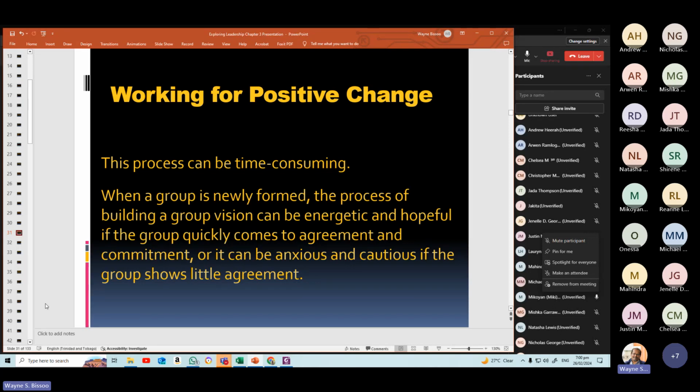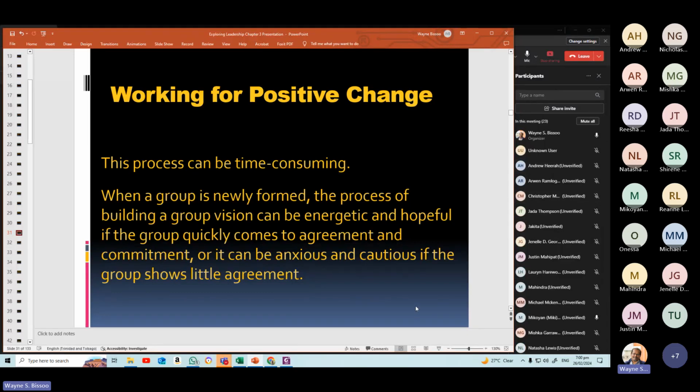One of the reasons why, and I hope the team remembers to bring this up when they do their presentation, is that when we make changes, we are actually affecting something called the social contract that we have with the people in our organization. We are impacting negatively on almost unspoken agreements between ourselves and the organization.